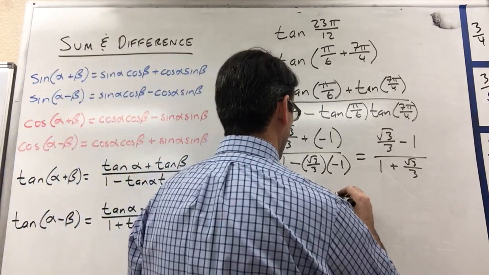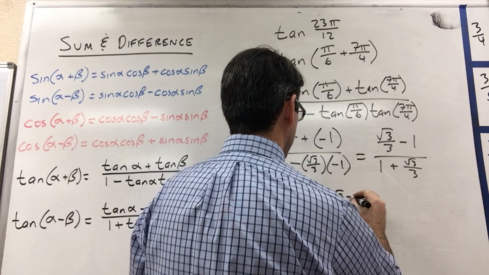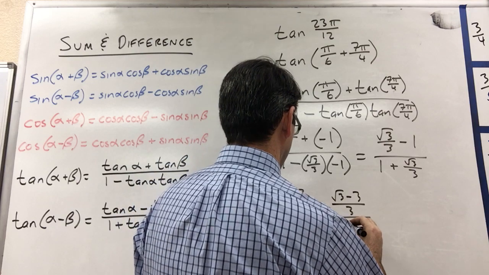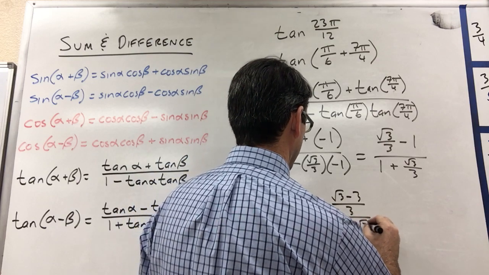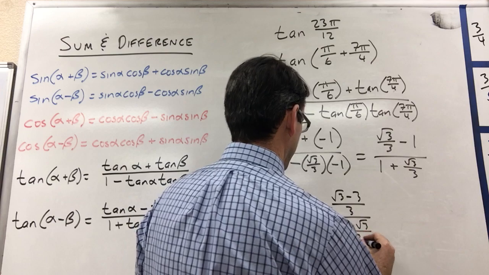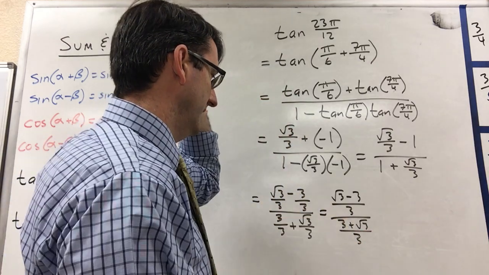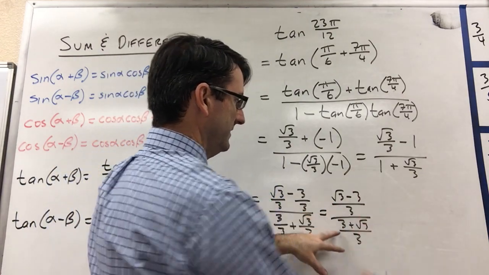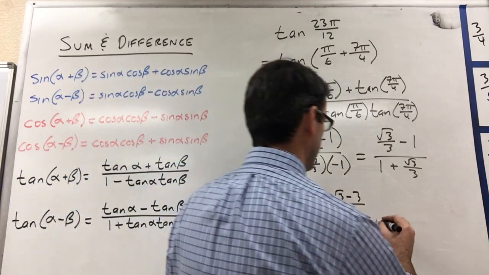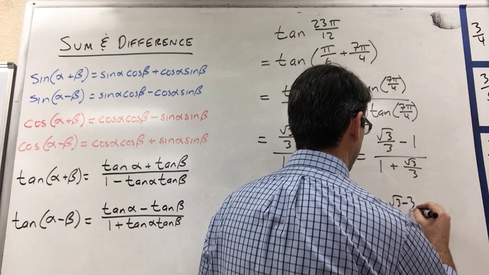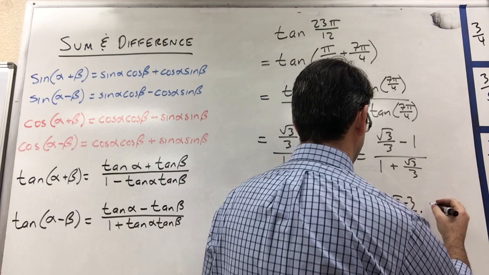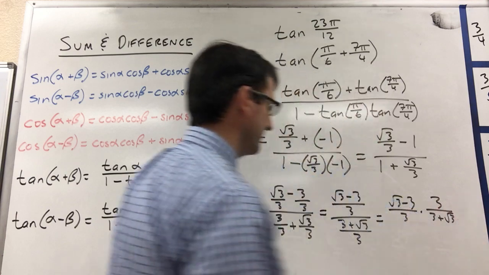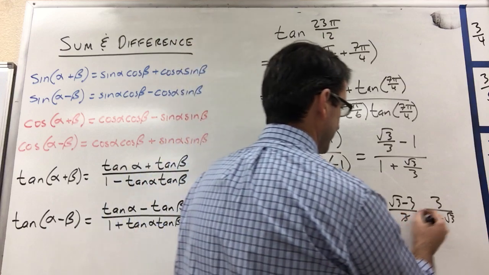And so that's going to be the square root of 3 minus 3 over 3 divided by 3 plus the square root of 3 over 3. And then if we multiply by the reciprocal, because remember, division is the same as multiplying by the reciprocal, this is going to be equal to the square root of 3 minus 3 over 3 times 3 over 3 plus the square root of 3. And then the 3's will cancel.